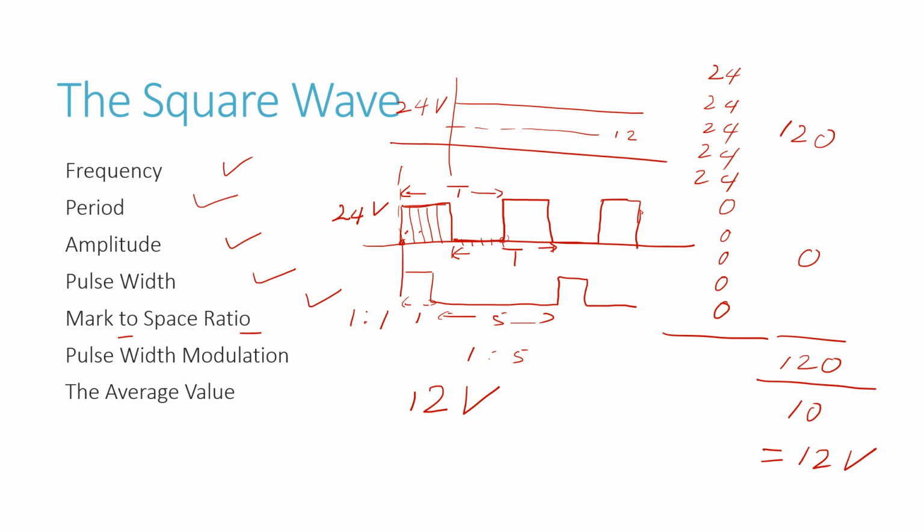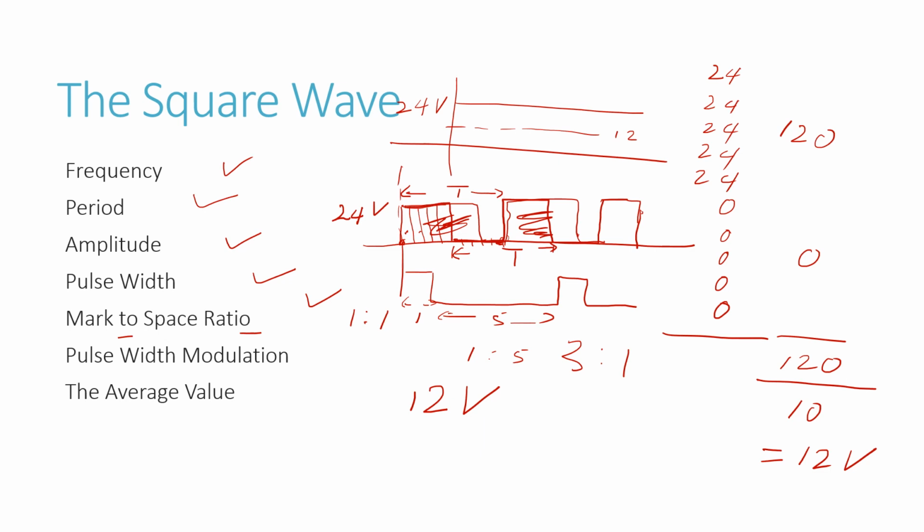Right? If you want 3/4 of the speed, we may just have to do it like this. So we have it on, off for a little while, on. So we've now changed the mark to space ratio where we have it on, let's say, for 3 times as long as it's off. Right? And that would give us 75%, you know, 3 to 1.